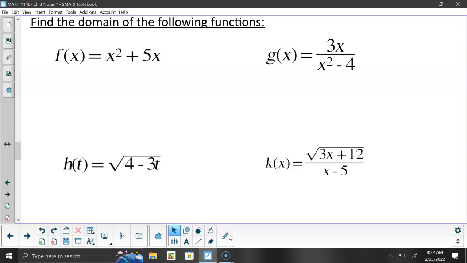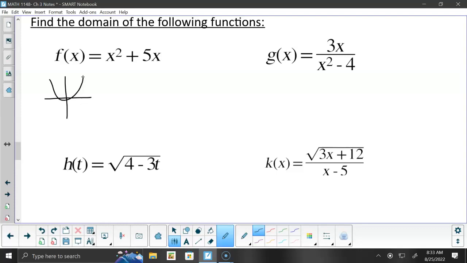Let's go first two. So f of x, what kind of equation is that? Quadratic. Are there any restrictions on the domain for a quadratic function? No, not on domain. Every x value you can possibly think of will work.